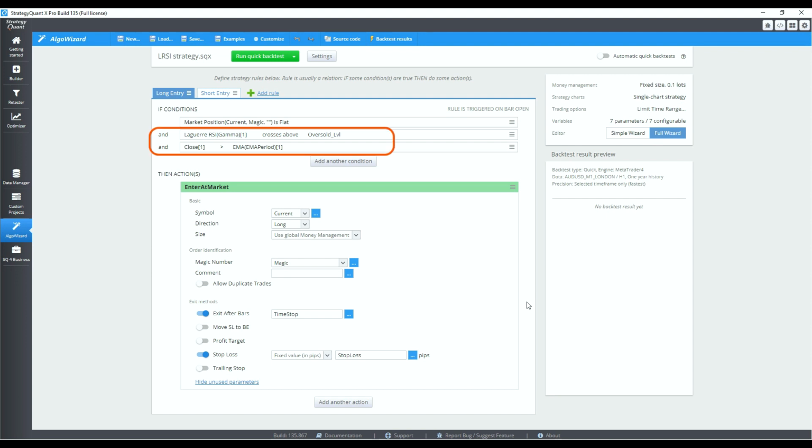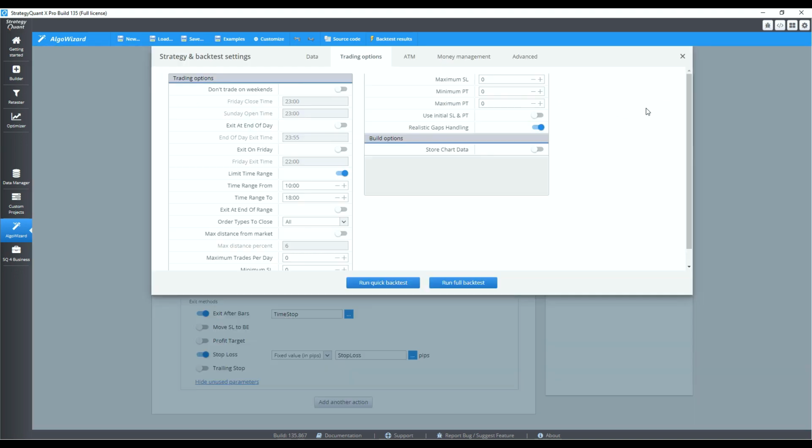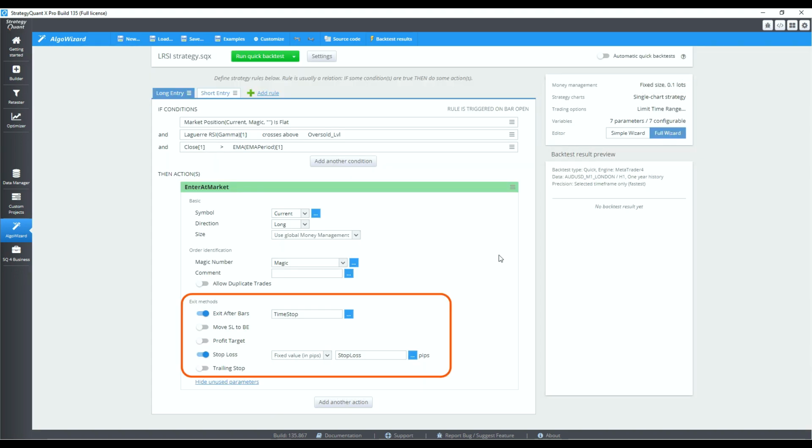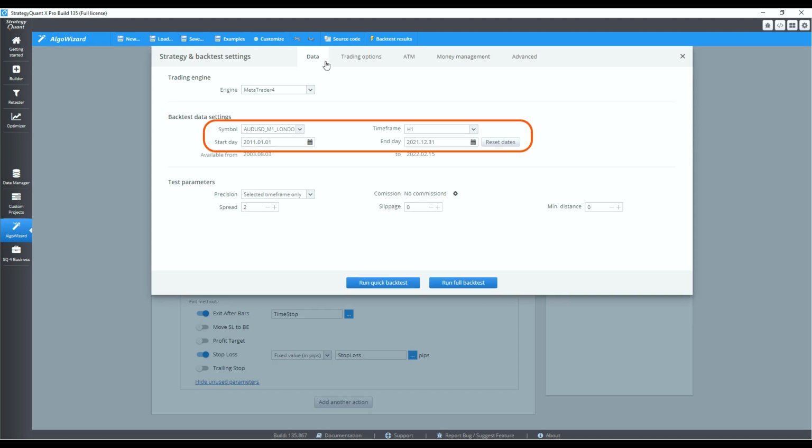The Laguerre RSI and trend filter conditions are here, while the time filter is under trading options. For trade management, just check what we need and assign the variables we created. Our backtest will be on the 1 hour Aussie dollar over the last 11 years, with a 2 pip spread.